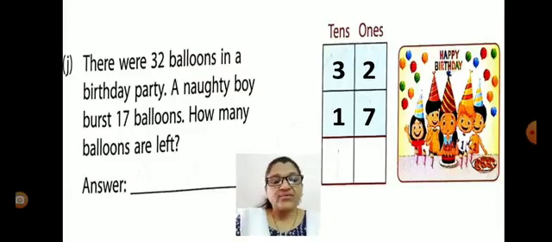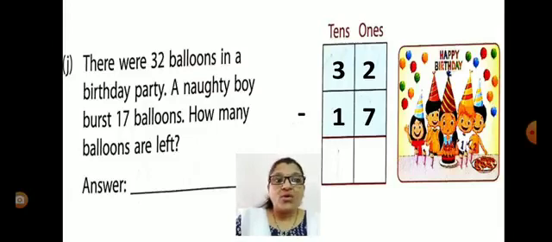Now as we have to find out the balloons which are left, we have to do the subtraction. So we will put minus sign before number 17. Now let us subtract the numbers at ones place first. 2 minus 7. 7 is bigger than 2. We cannot subtract it from 2.